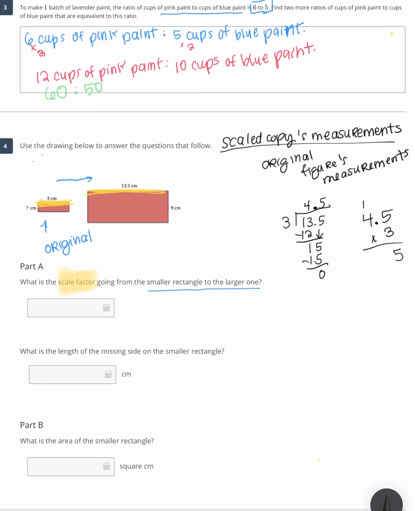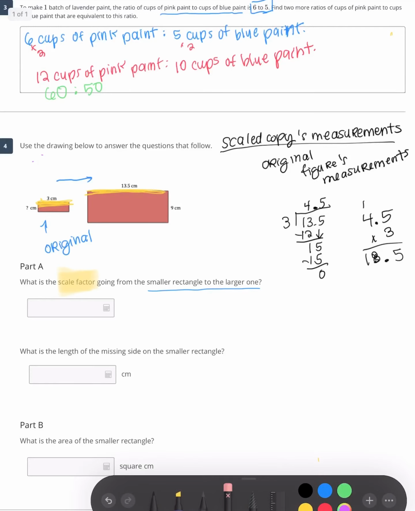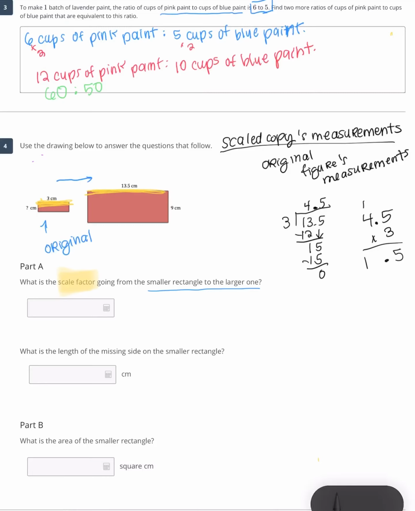Plus 1 would be 13. Since they have one number behind the decimal in this numeric value, it's going to be 13.5, okay? Which means that my scale factor is absolutely correct.